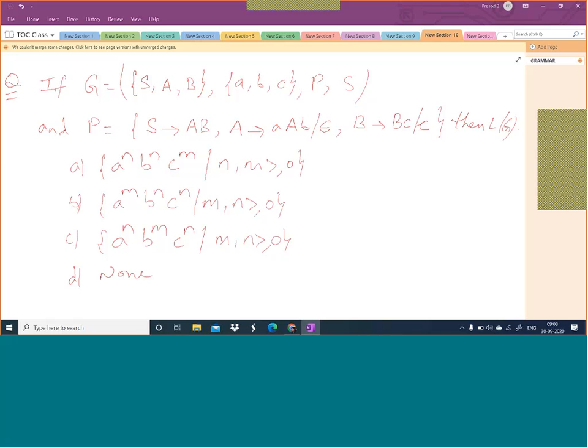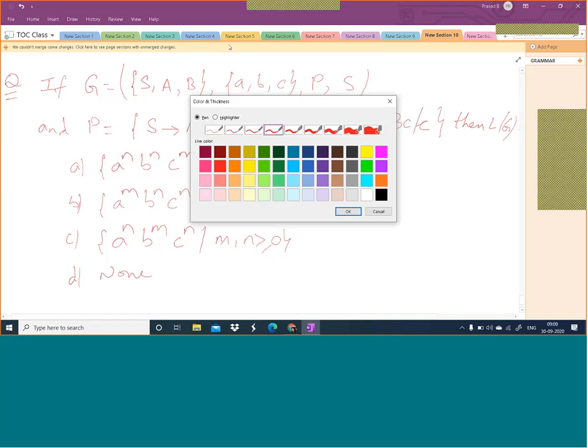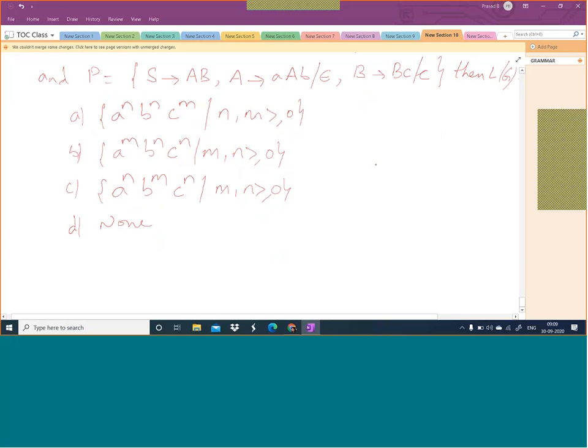Overlook the question here. A derives aAb and epsilon. Suppose A is a start symbol, then you know very well it gives epsilon, AB, A square B square, A cube B cube, and so on.